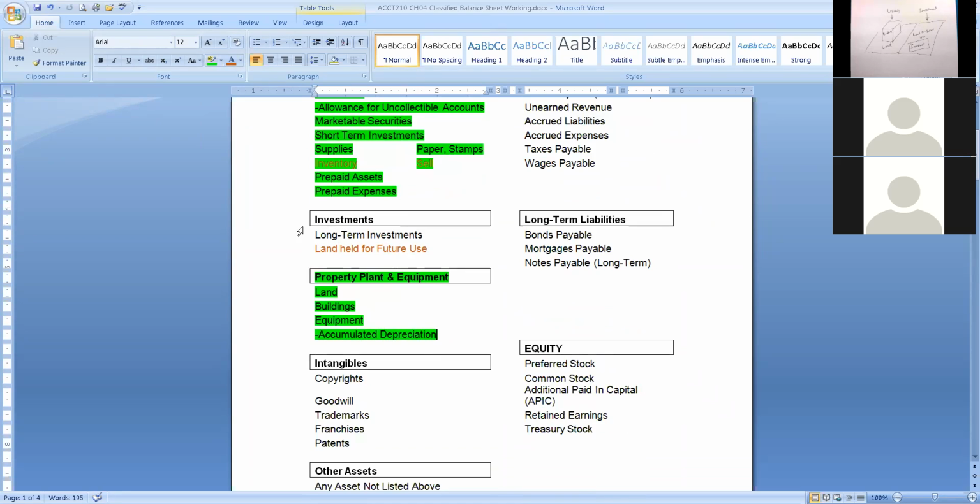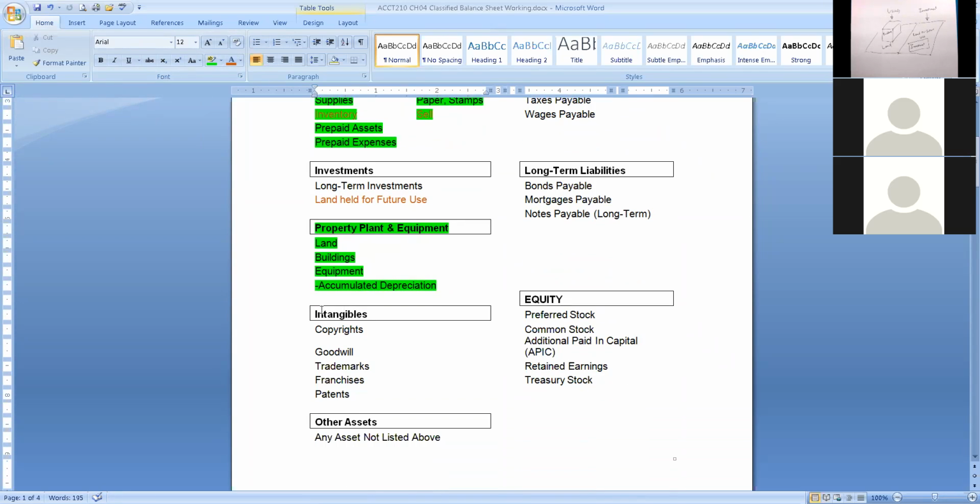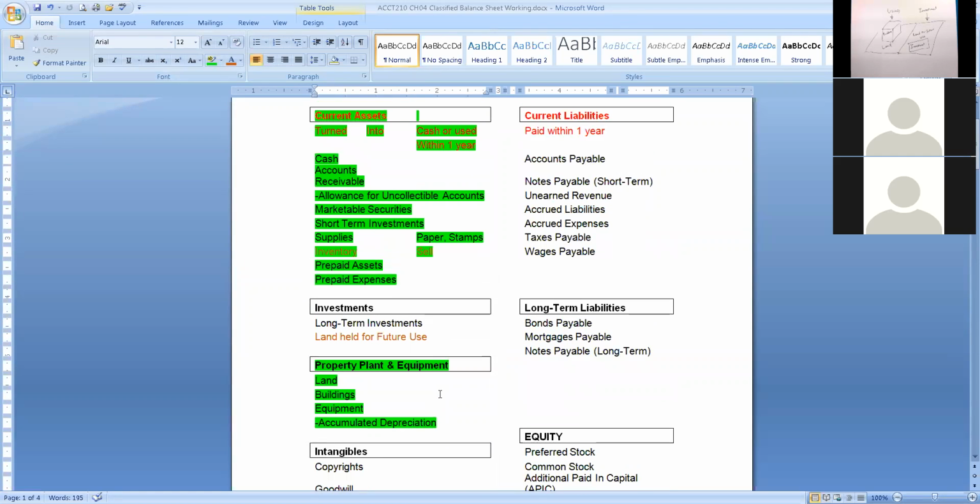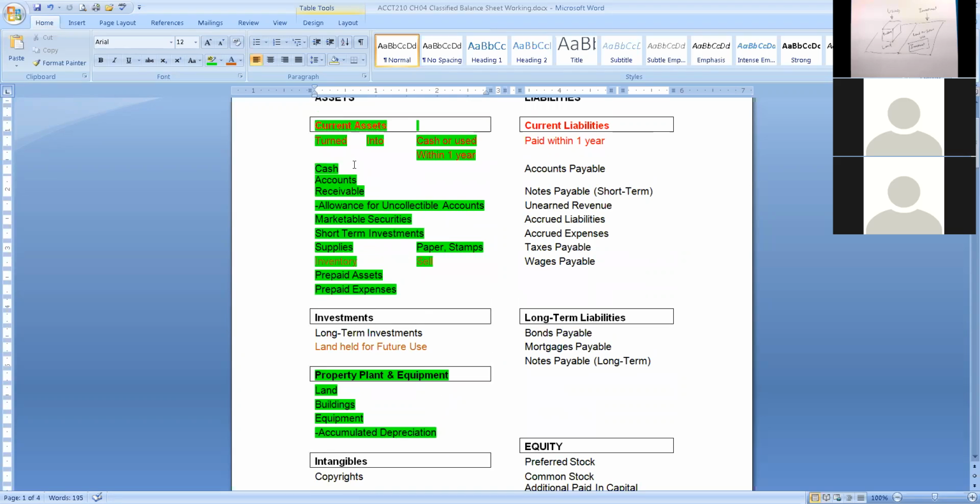They may not have a lot of investments. They may not have any intangibles. A lot of times, especially with smaller businesses, this is what you're going to have: current assets and property, plant. So that's very common.